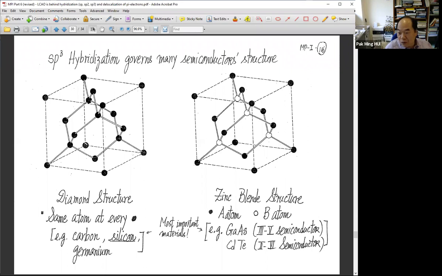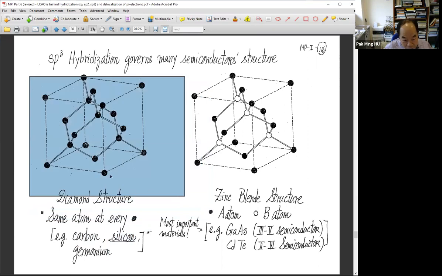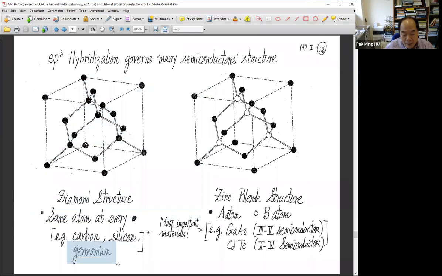Unusually, but if you understand, it is usual, not only carbon but silicon also has this structure. So every dot here is a silicon atom. Therefore, silicon also forms a silicon crystal using sp3 hybridization, the same thing. Also germanium.